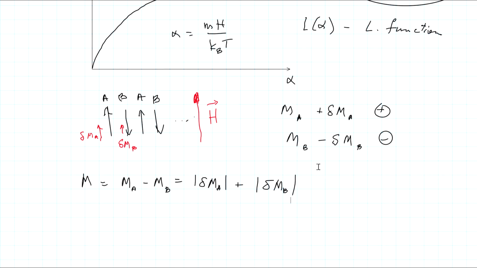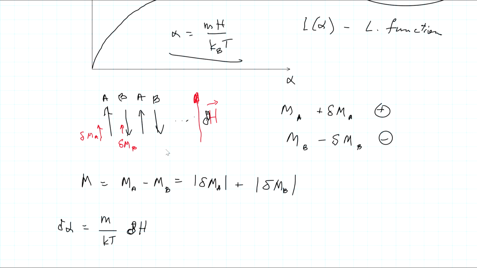So what is happening, you can relate what's happening. If you have variations, then delta alpha, this alpha, we would have, first of all, m over kT, and variation of the field. So if you apply small field delta H, let's add delta here.